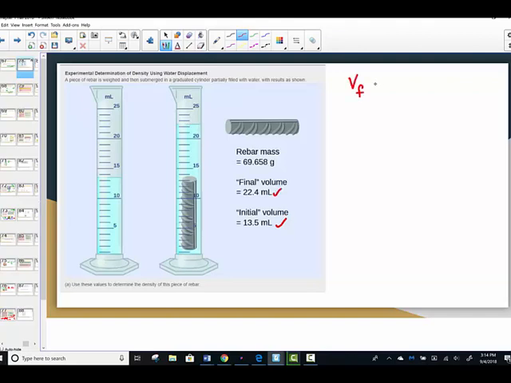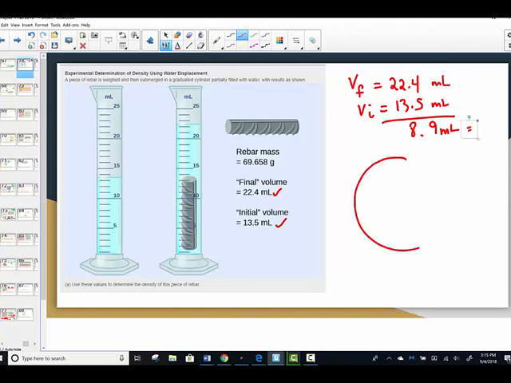The final volume of 22.4 mL, the initial volume of 13.5 mL, creates a difference of, better hit my calculator, 22.4 subtract the 13.5, and it moved by 8.9 milliliters. There's the volume of your metal rebar.